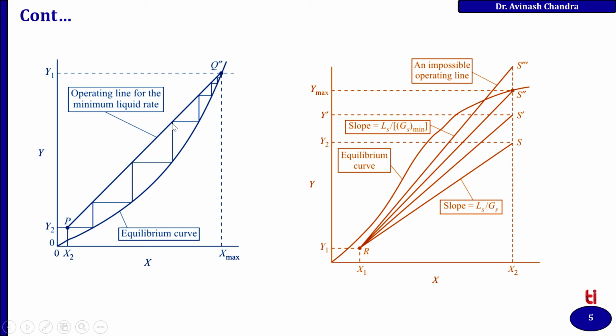There are some different cases. In that case, to obtain the minimum operating curve as S double dash, and this is the impossible line. In this case, the only operation possible is to the right side of this particular curve, and again the slope will be the LS upon GS minimum.